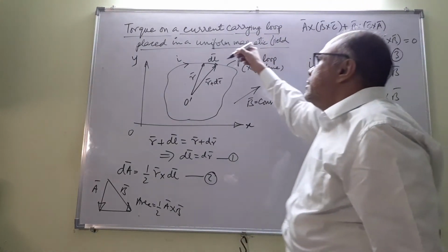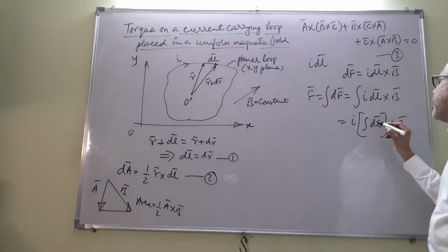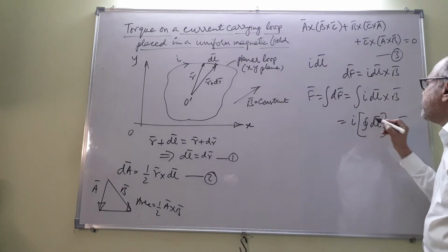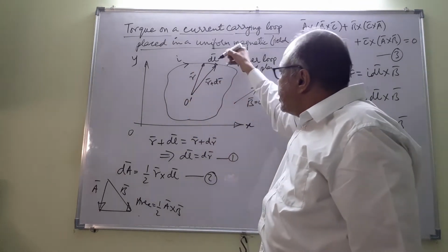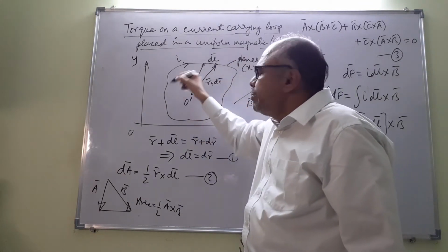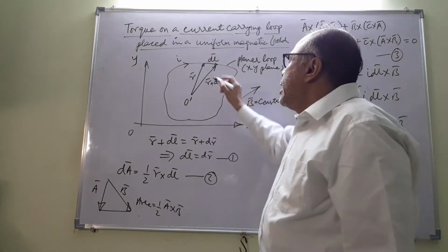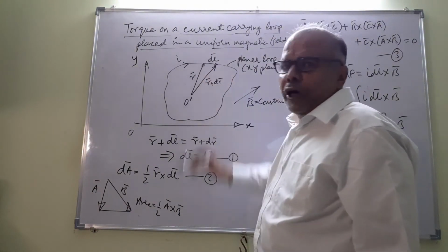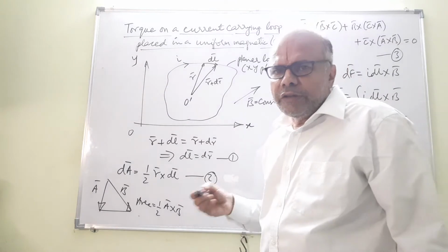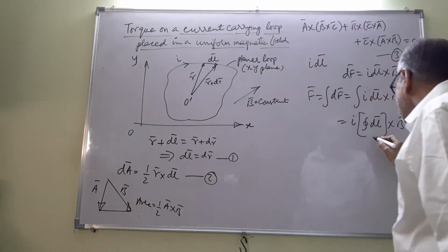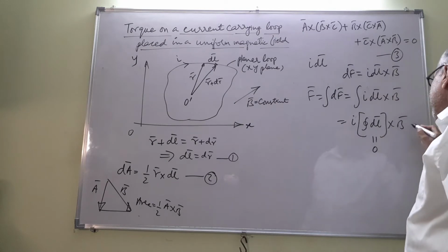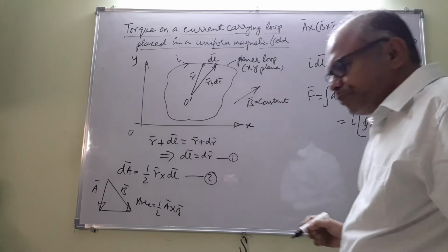The integral of dl is over the entire loop, so I will put a circle on the integral sign. If you add up dl, dl, dl, it is a polygon of vectors and you reach the starting point. So the vector sum of all these dl vectors would be 0. Therefore the net force is 0.